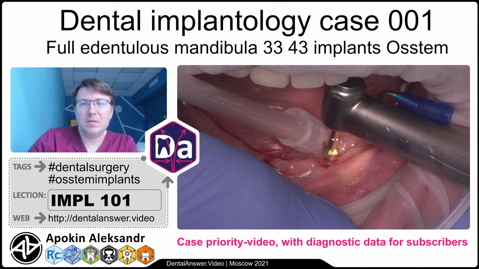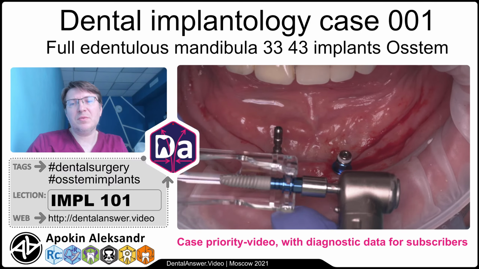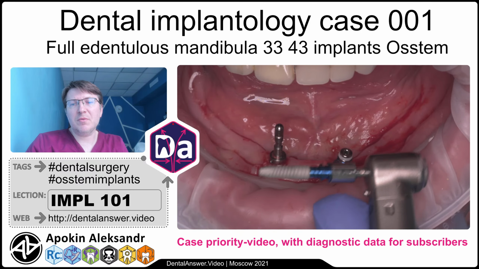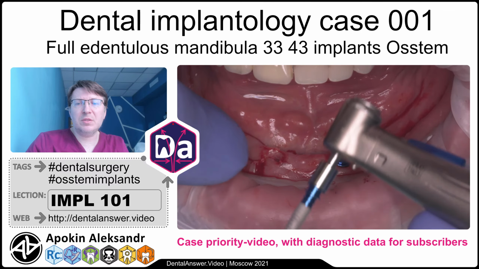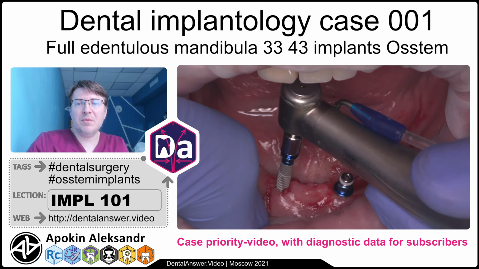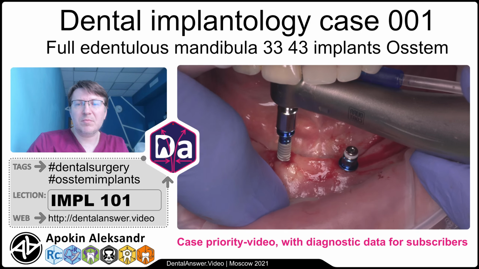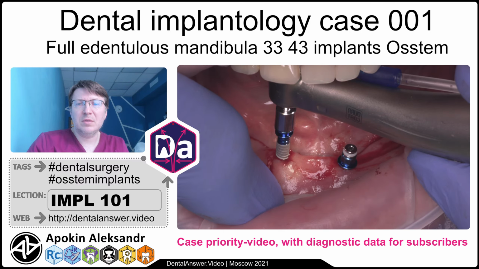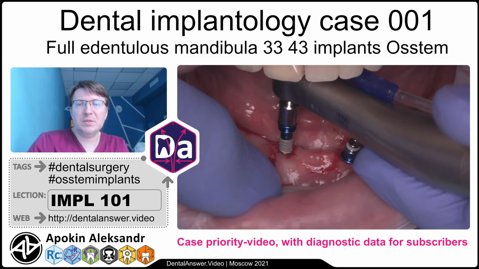The second implant. In this implantation system, it is very useful that when you insert this machine mounting part of the implant to the level of this wide stopper on the implant, in all cases you receive bone level implant insertion under the soft tissues.